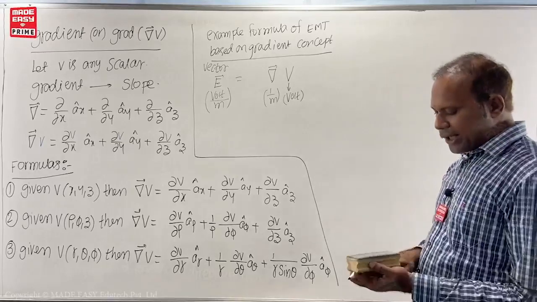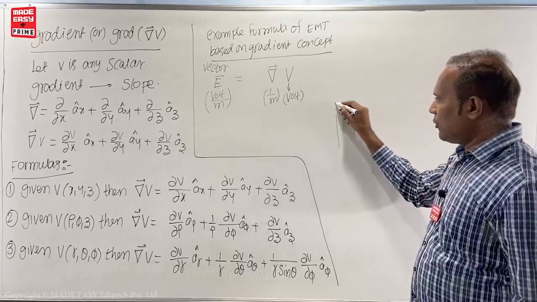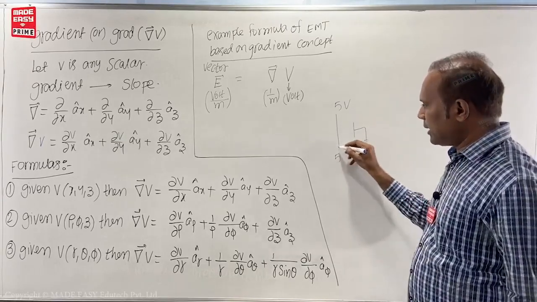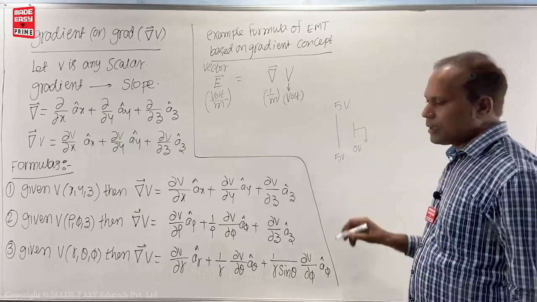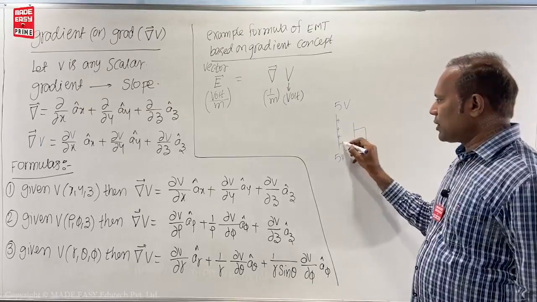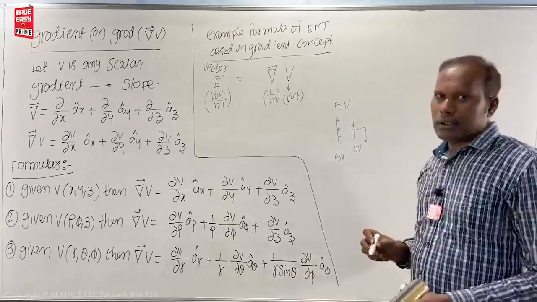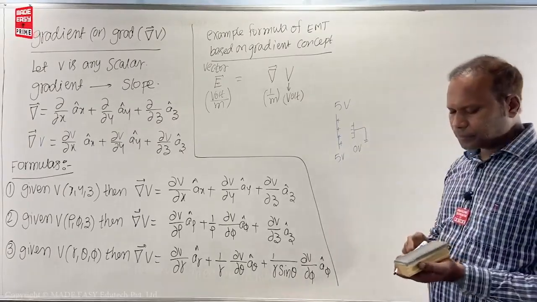Now, if you see the practicality, for example, if this is a battery of 5 volt, and this is grounded, here at this terminal 5 volt is there, here 0 volt is there. So wherever this positive voltage is there, positive charge is there on the battery side, and here negative charge is there. Positive charge means higher potential, negative charge means lower potential.